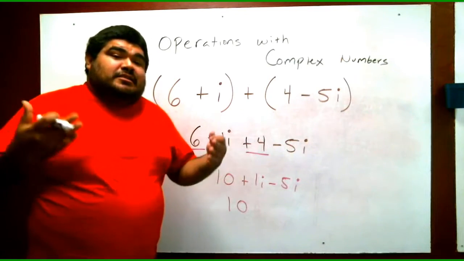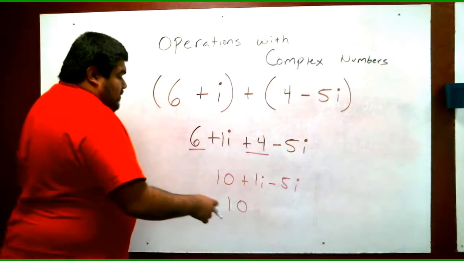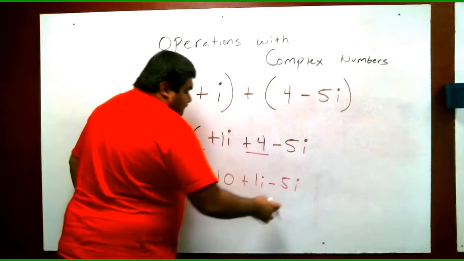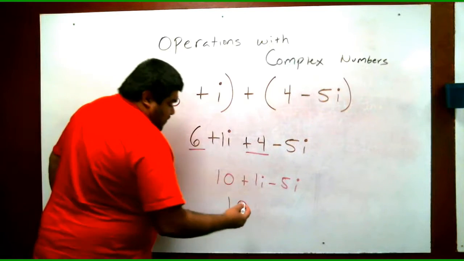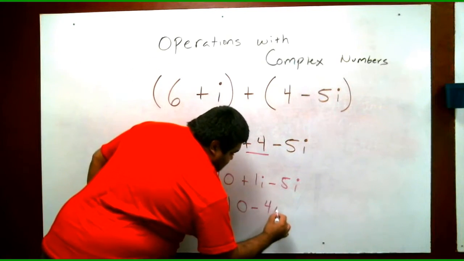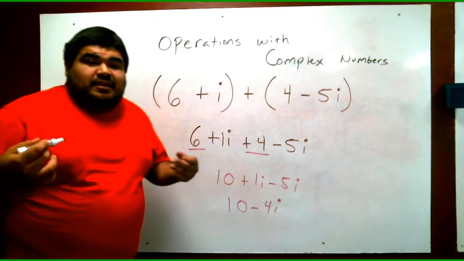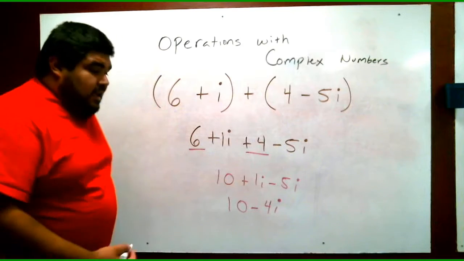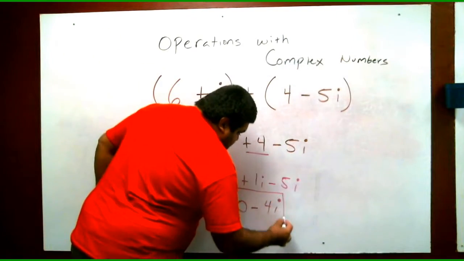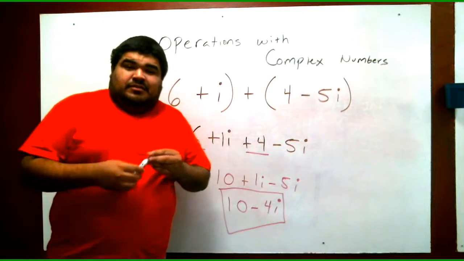When it's adding and subtracting, you just keep the same. Nothing alters. So we have 1i minus 5i. 1 minus 5 is negative 4, because the 5 is bigger, and then just add our i. Since nothing else can combine, that is our answer: 10 minus 4i. And we are done.